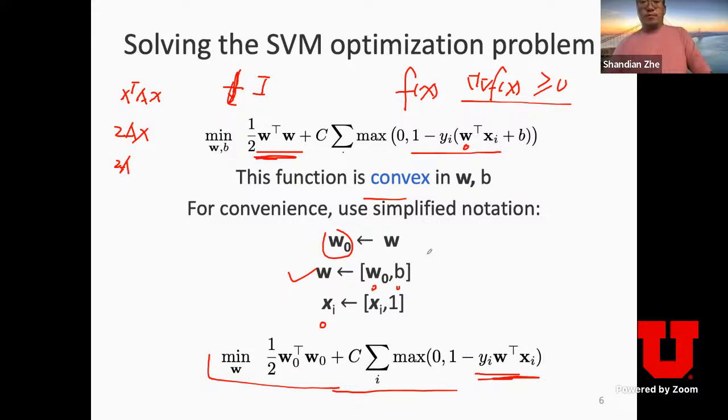And then we can see that w transpose xi plus b now becomes w transpose xi, because this new w includes both the bias parameter and the feature weight vector. And in the first term, because this is related only to the feature weight vector, that's why we use w0 transpose w0. Okay, that's good.